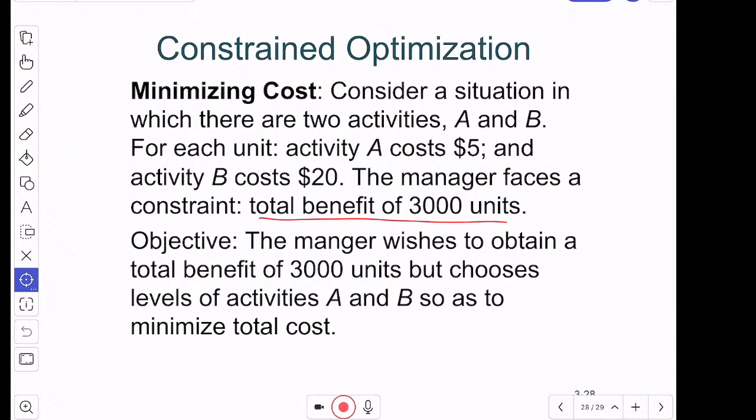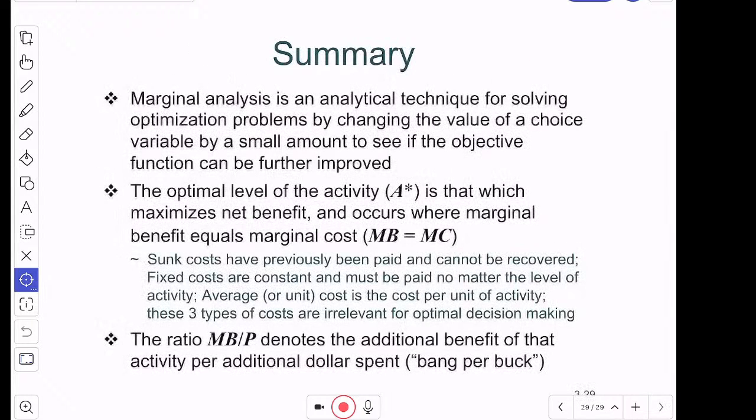So you could have, just to conclude, actually I'll say it here. Let's just go through it. Marginal analysis is an analytical technique for solving optimization problems by changing the value of a choice variable by a small amount, that's the additional unit, to see if the objective function can be further improved.